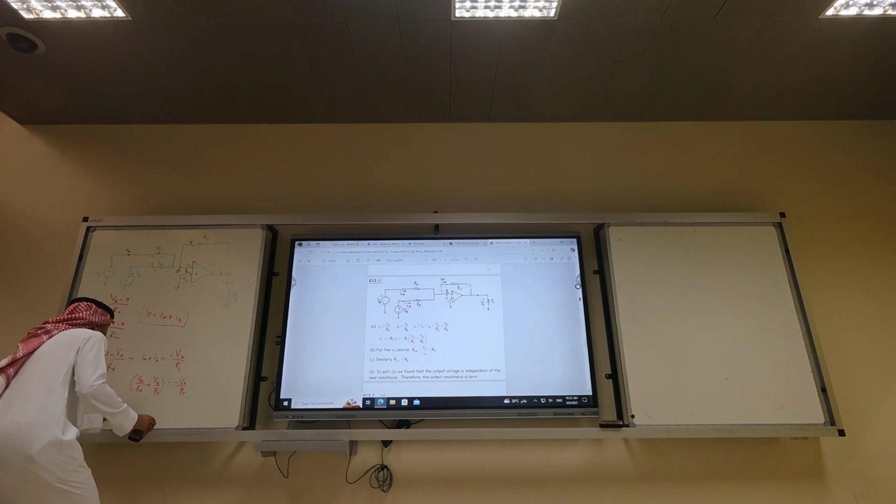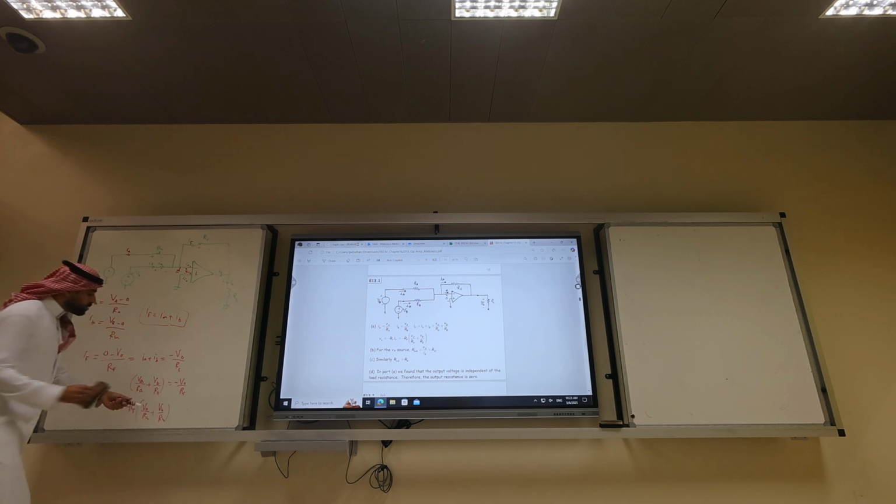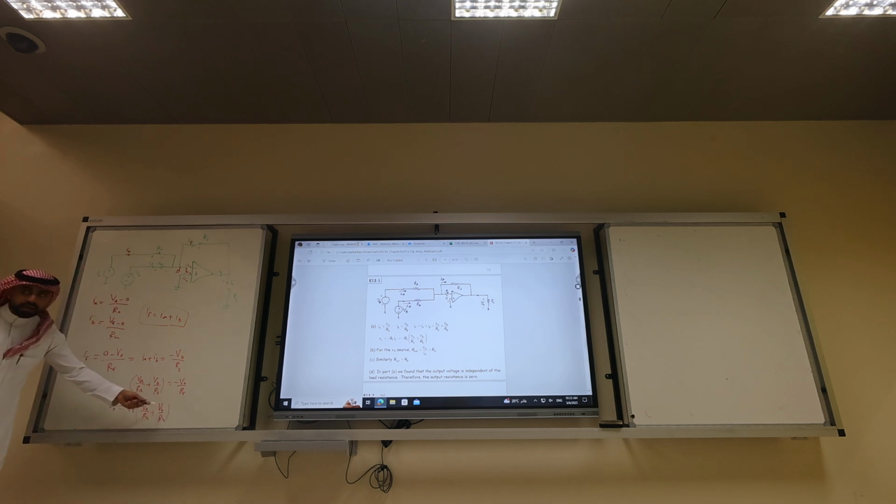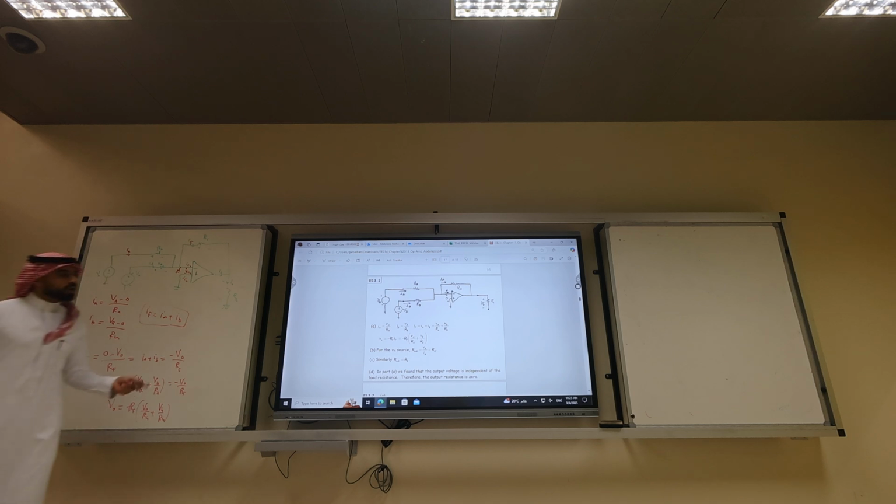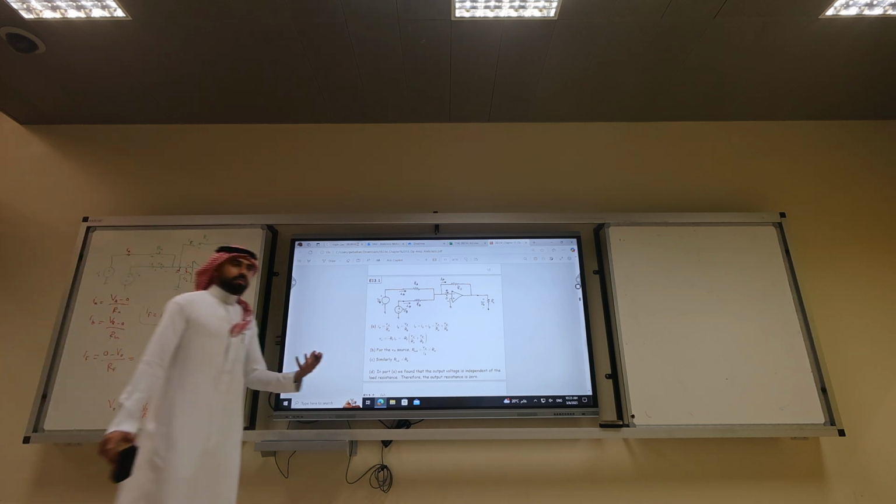V output is minus RF times VA over RA plus VB over RB. And as you can see, we are summing the two signals. Let's say all the resistors are 1, VA is 1, VB is 1. This is a calculator. It does it for you too. So this is what we call a voltage summer.